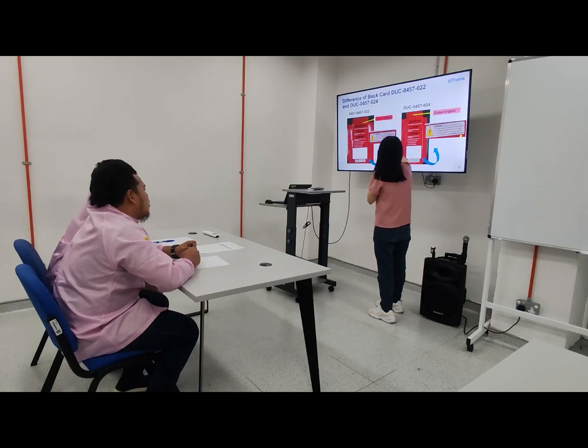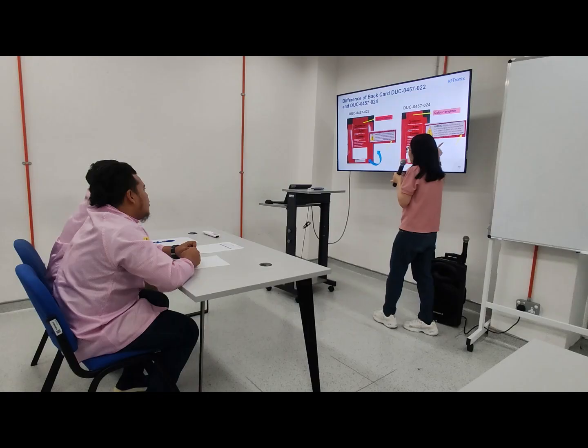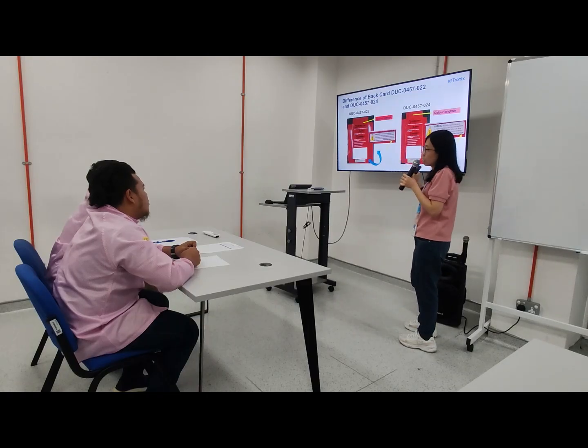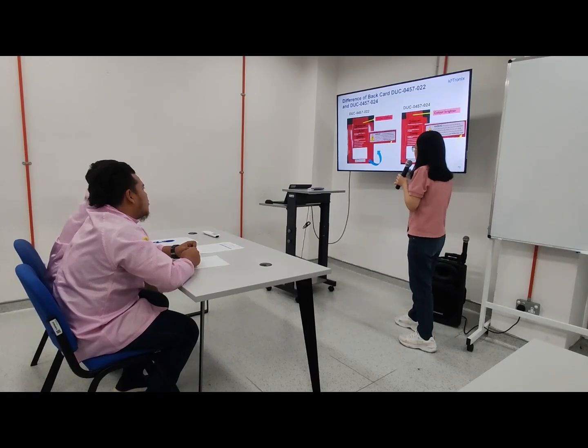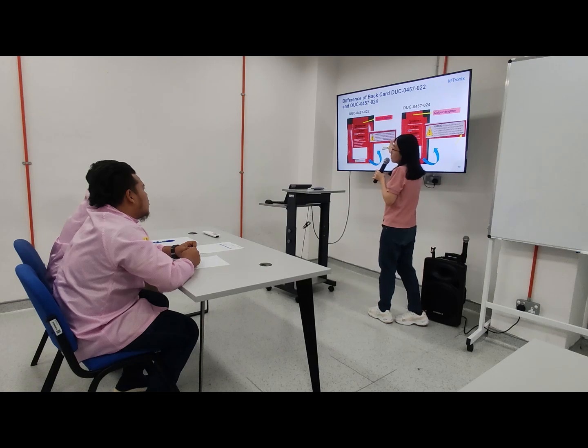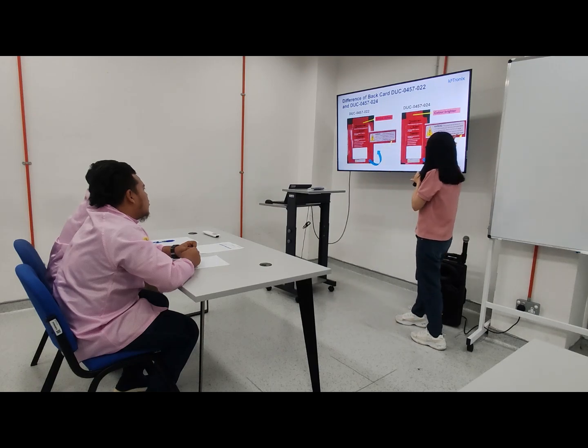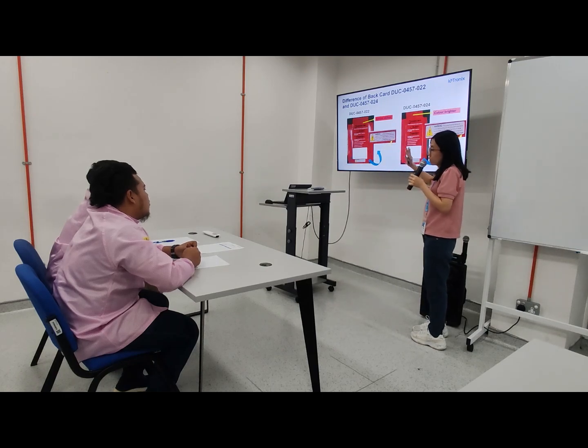Here we have the space here. Even though the wording content is the same, the font size is slightly different. So for 022 we have the space here. 024 you don't have any space. So this one is for 024 and the one with space is for 022. Okay?